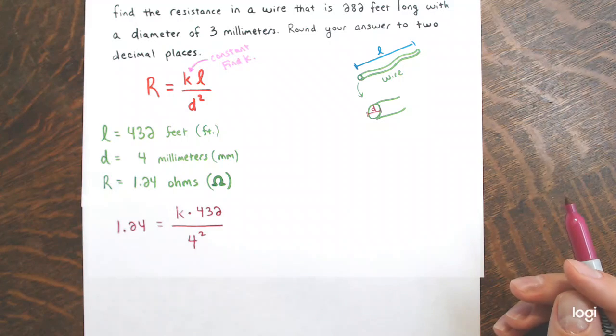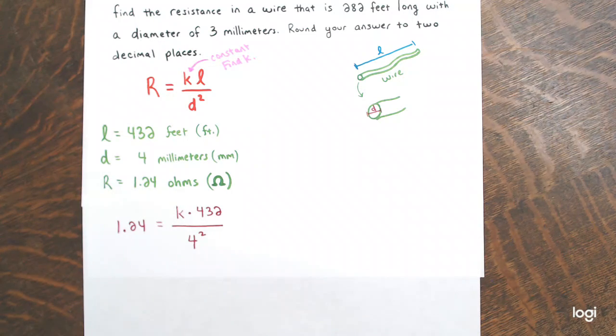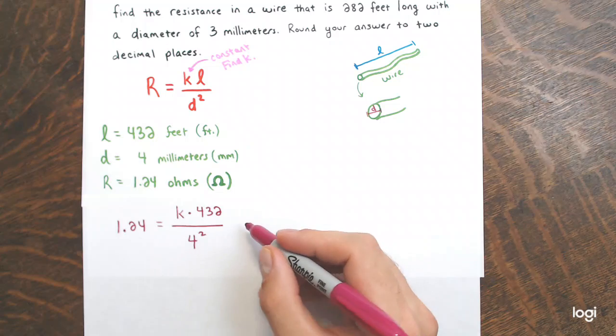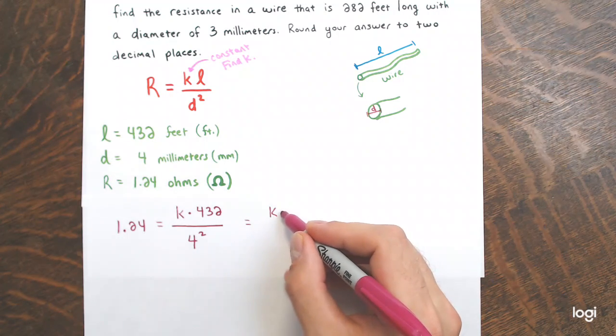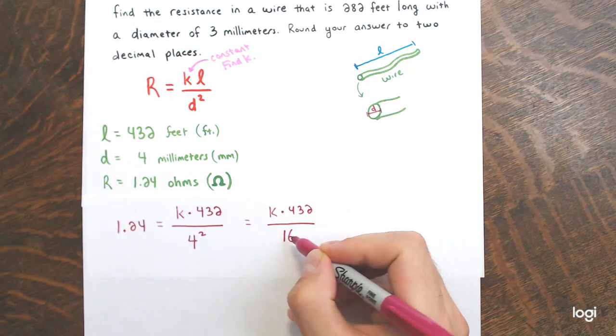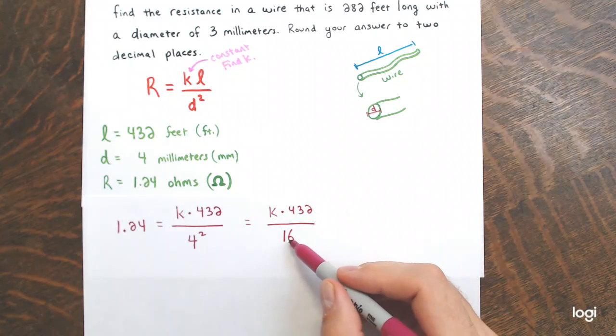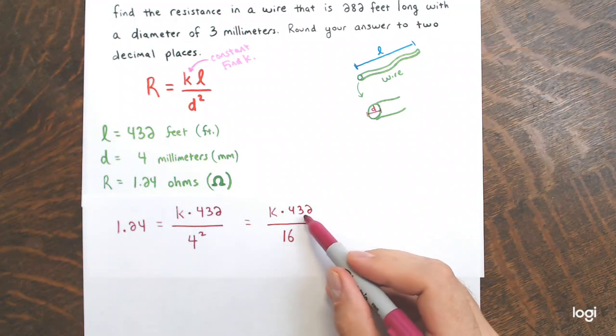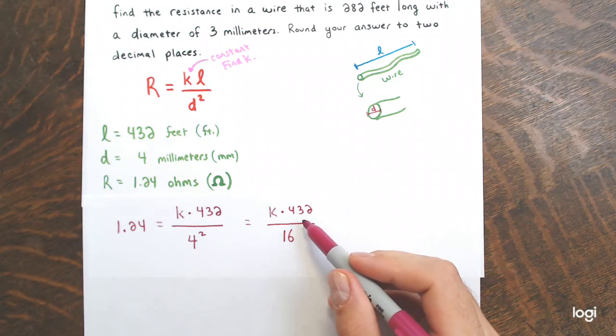Okay. Now we could try to simplify this side over here. 4 squared is 16. And this is k times 432 divided by 16. And then you could take out a factor of 2. 4 would go into each of these. In fact, 16 does go into 432 evenly.